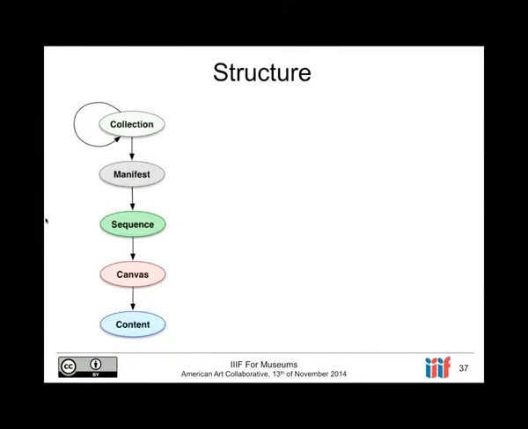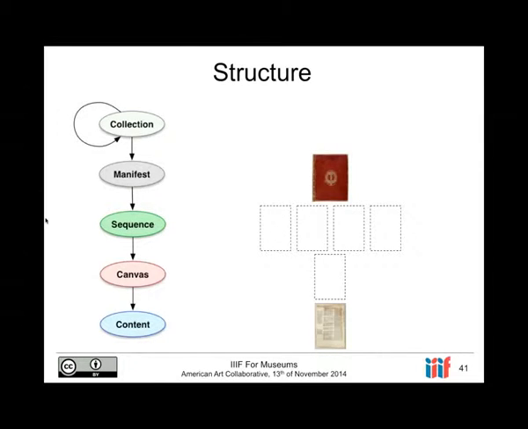So, rather than give up dejectedly, we decided to change the rules of the game. Instead of trying to focus on the object, to describe the object in as rich a way as possible, we wanted to focus on the user experience. So this is why the presentation API isn't a metadata description in the traditional way of CIDOC CRM and so forth.